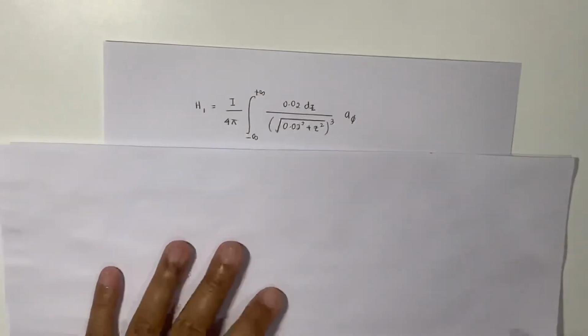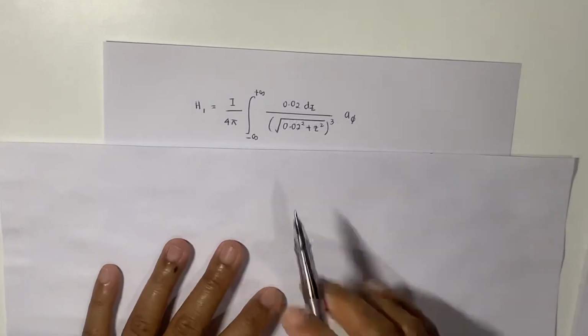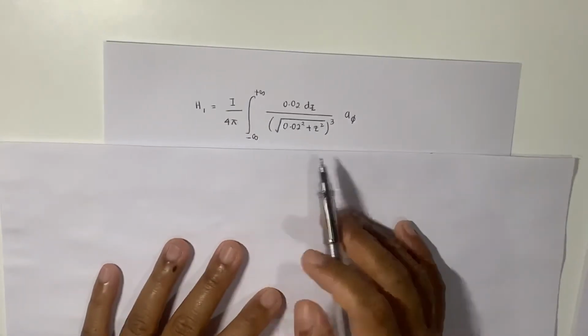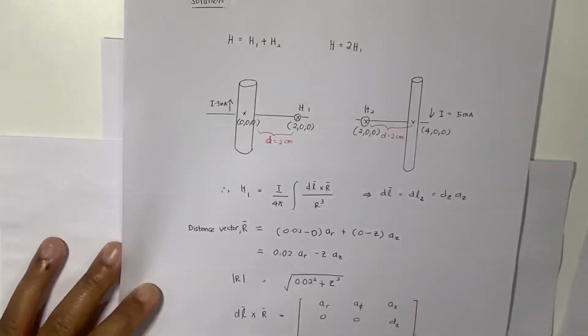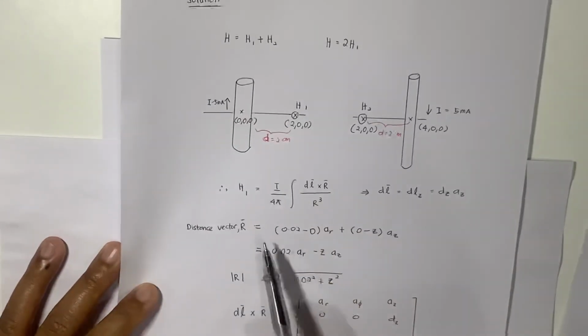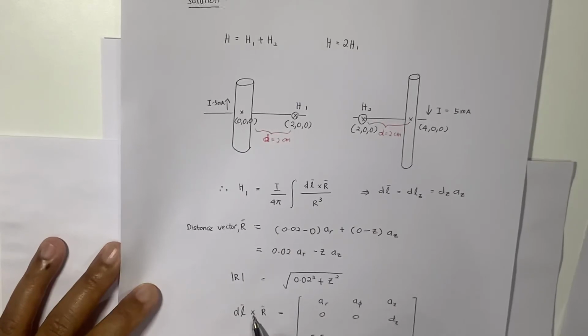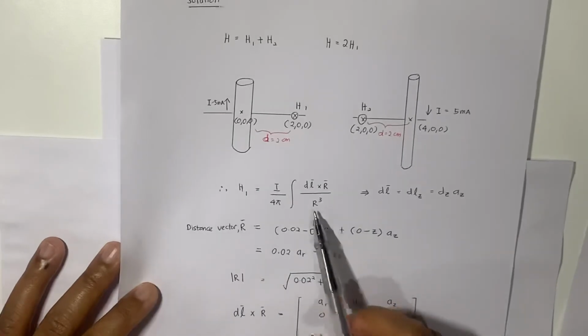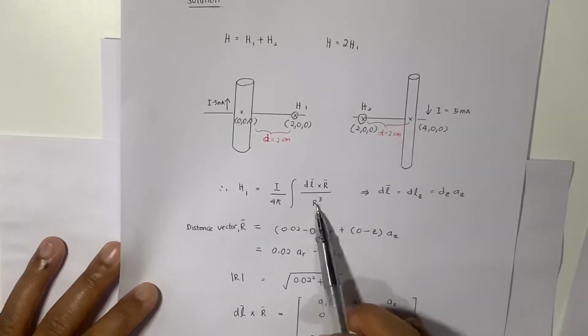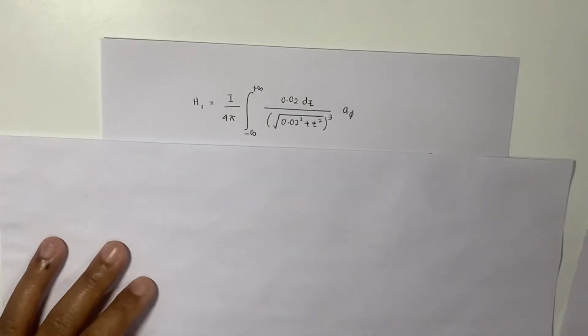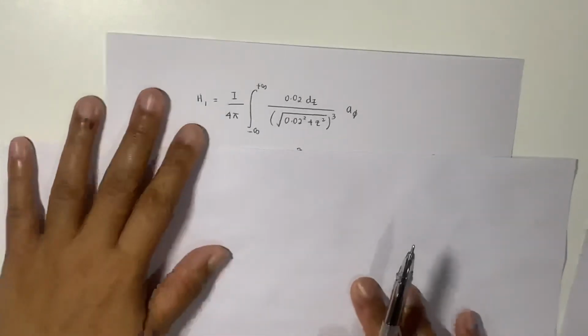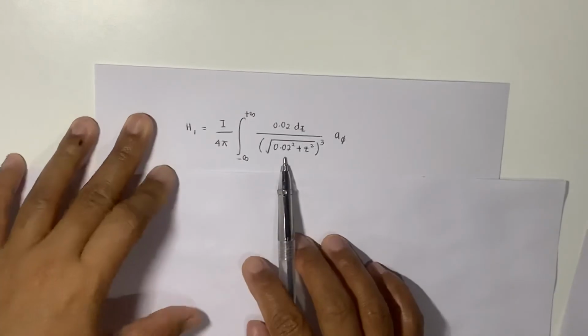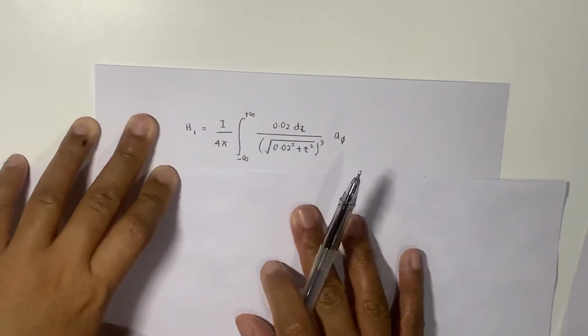Next, you just need to substitute all the equations and values that you got just now. Put them in this equation. You already have dl cross product with r, put it here, and the magnitude, put it here. And then you get this one like this.